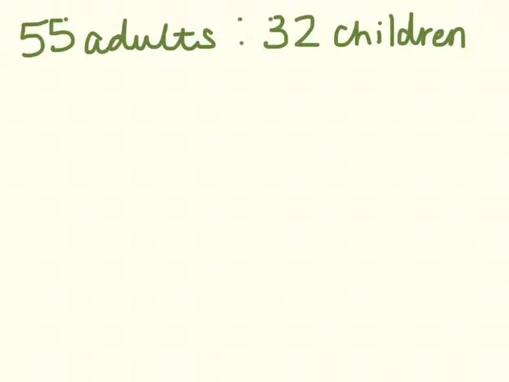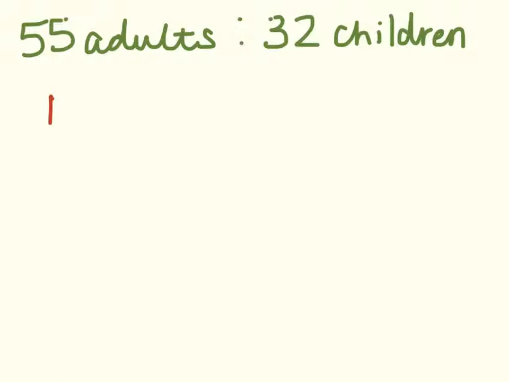Now that you've mastered writing simple ratios, we're going to use part-part or part-whole models to show ratios. This is another way that we're using these bar models that we've learned about for the last few years. So let's start with a simple problem. There were 55 adults and 32 children at a party. We want to find the ratio of the number of adults to the number of children at the party. And we're going to use a part-part model to do that.